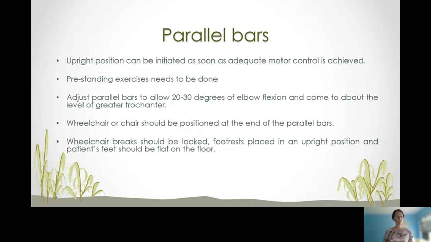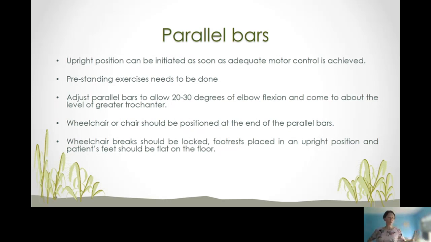A good measurement is to adjust the parallel bars to allow 20 to 30 degrees of elbow flexion, a slight flexion, and come to about the level of their greater trochanter. A good height. And you will see these measurements when we measure the mobility aids to the correct height for your individual patient.